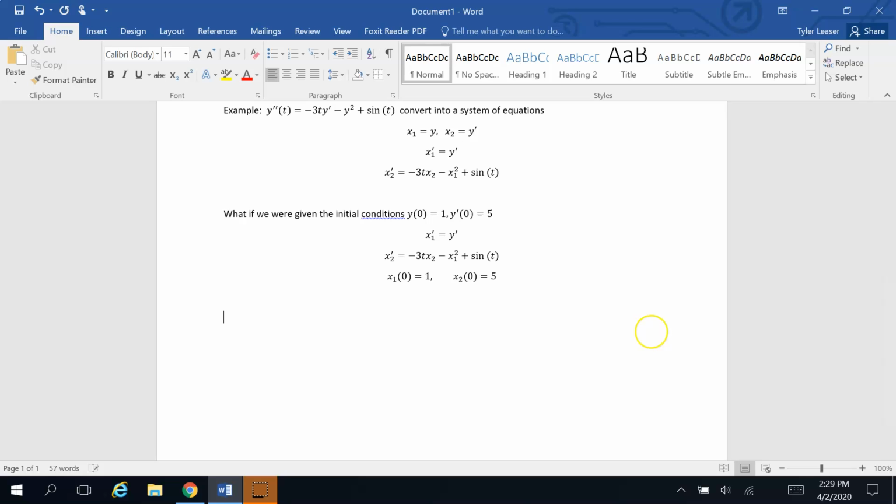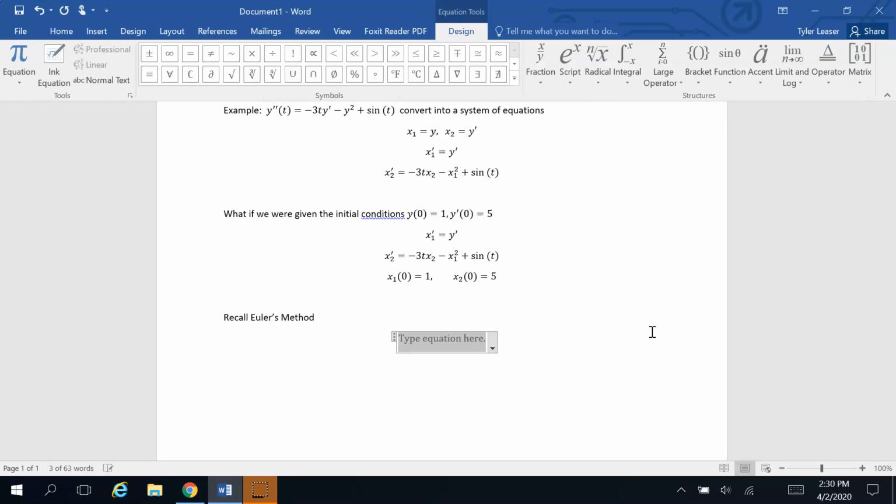Now let's get into how Euler's works. So just recall Euler's method. This is the Euler's method we saw back in chapter 1, I think it was, a long time ago. The way that we had defined it is that we had our t's. The next t, you just increase the previous t by that h.